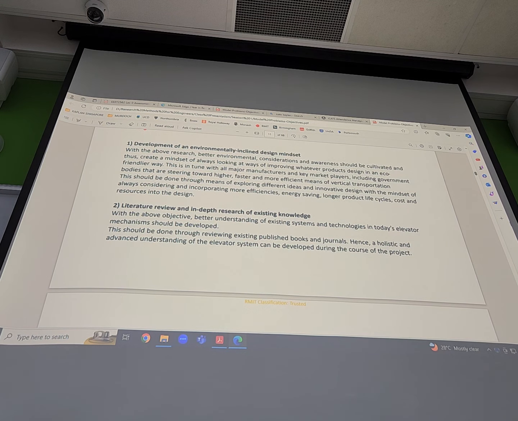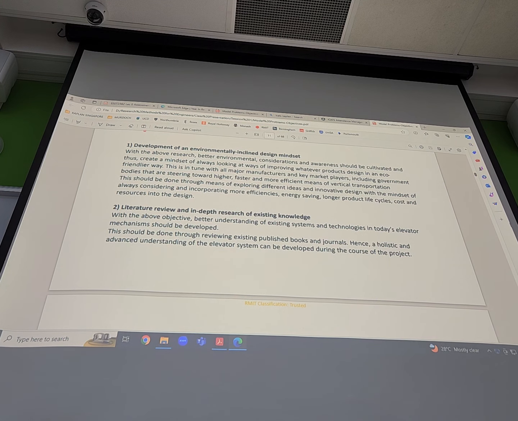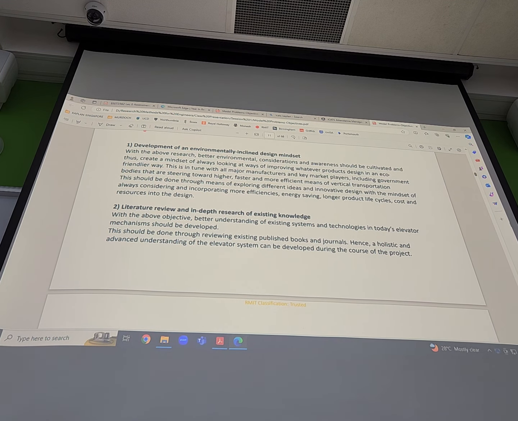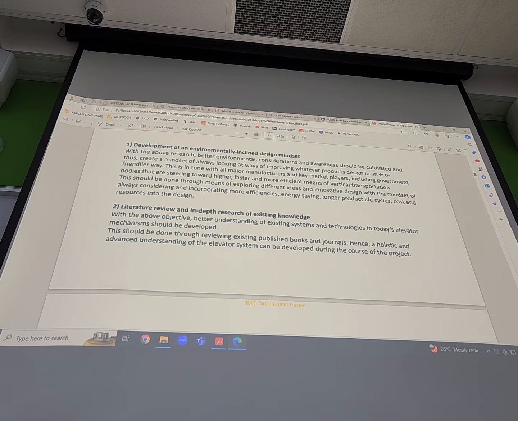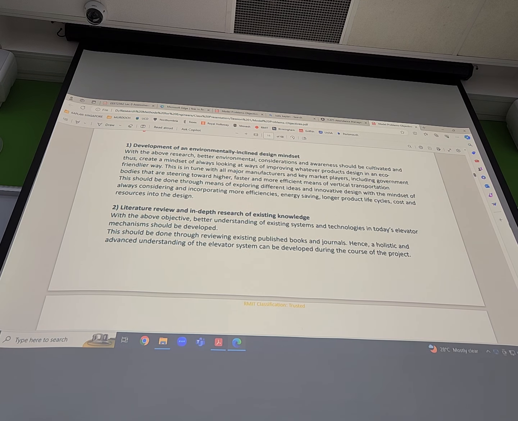The objectives listed here, again when you write your objectives, there is no need to write elaborately explaining them. Your objectives can be in simple point form, 1 or 2 lines. Here, development of an environmentally inclined design mindset cannot be an objective.